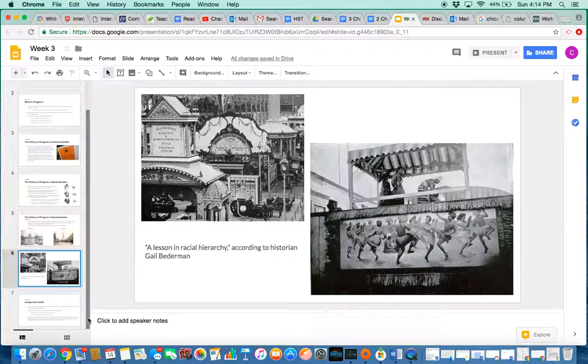The key point that I want to get across here is that what the fair showed is how all of these things were intertwined, and how progress was a key point that had impacts on racial relations, and how technology and science were used in a key way to showcase what advancement was and what savagery was.